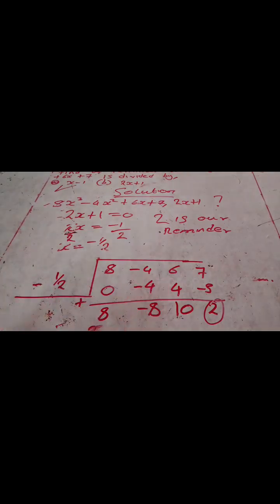So apart from this method, you can also use the first method, which is called the synthetic method. Let me show you how you can go with the first method that I showed in the same video. Let us do it with this method. So I'll read the question again.